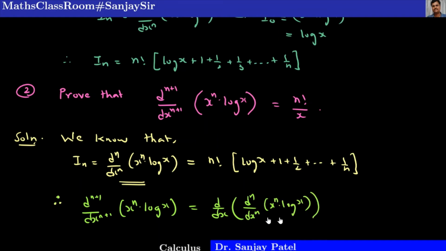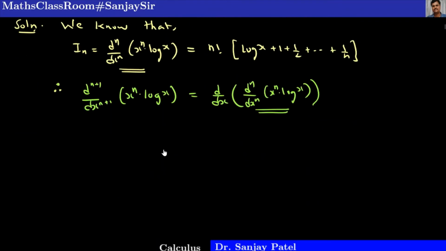This means the nth derivative of x raised to n into log x, and then if you take one more derivative d by dx, you will get the n plus 1th derivative. But we have already obtained this nth derivative in the previous problem, so I will write the value of that derivative here.